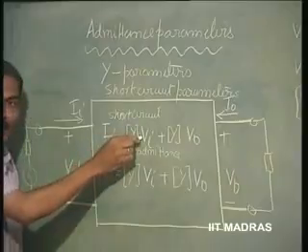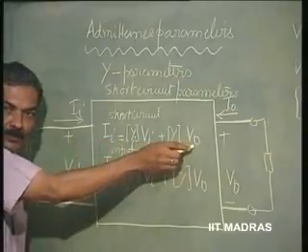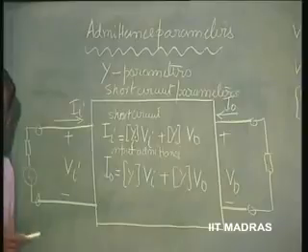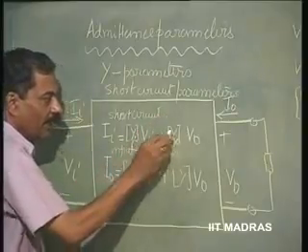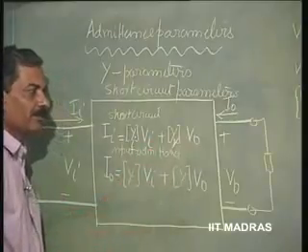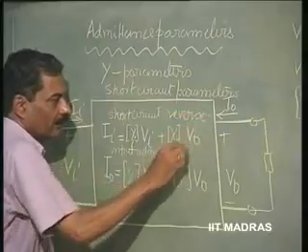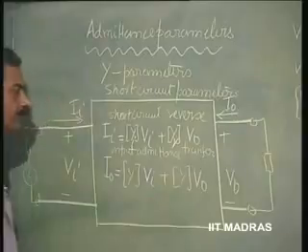When Vi is 0, that means input is shorted and the current flowing in the input because of the output voltage is called reverse transfer admittance. So this is Yr, it is called the reverse transfer admittance.